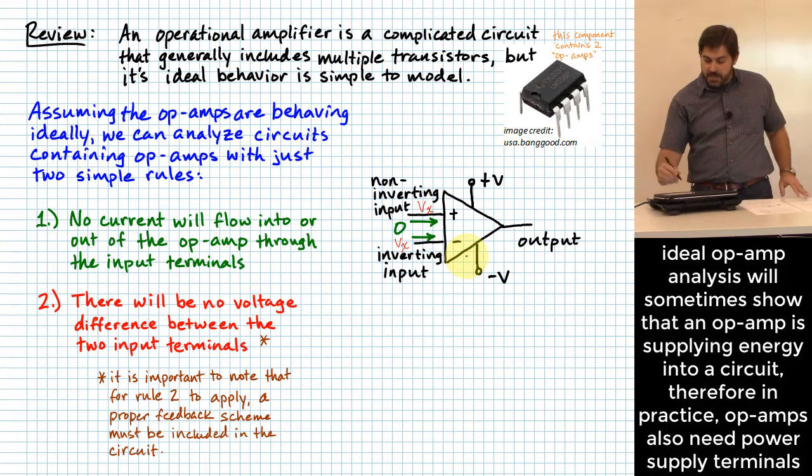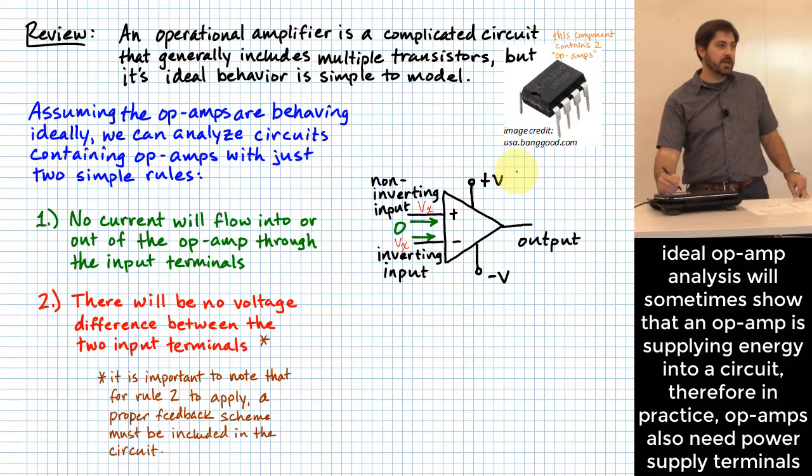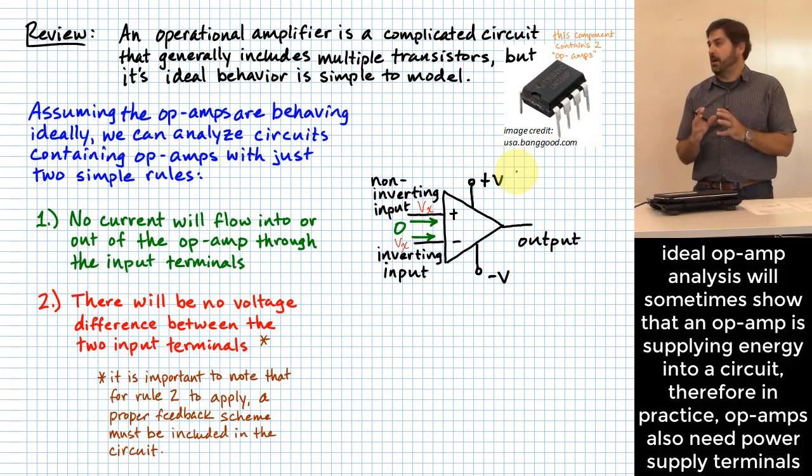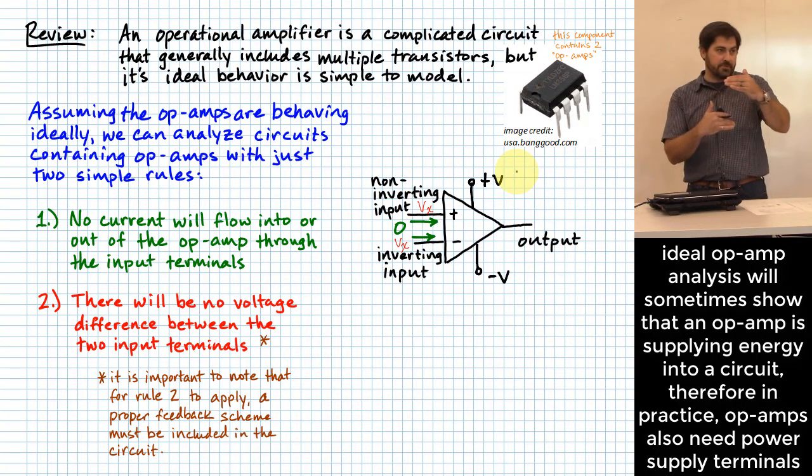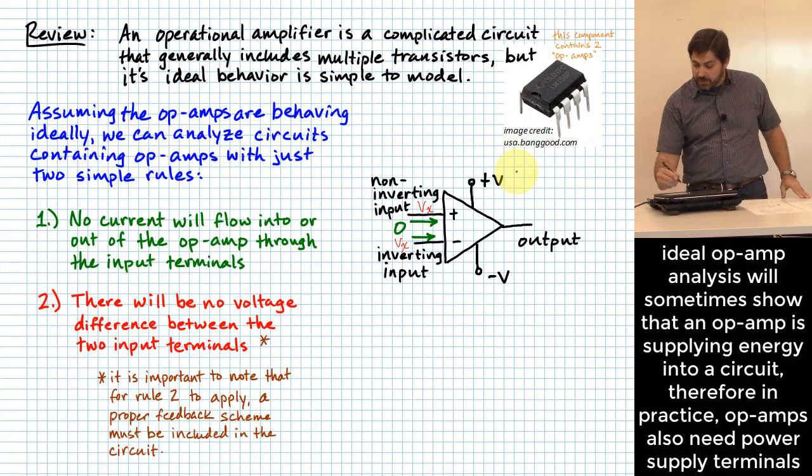Now, a lot of times these two voltages are left off because, assuming that the op-amp is operating in its ideal zone, within ranges of voltage values and current values and such, as long as the op-amp is operating in that ideal zone, it really doesn't matter what these voltages are.